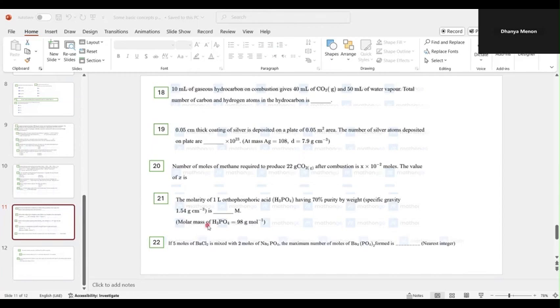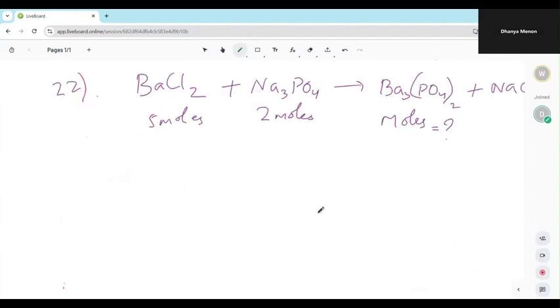I've already written the equation. Don't worry about the equations, you will be learning it. Sodium chloride.